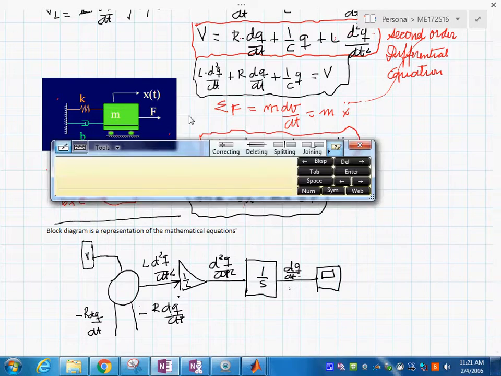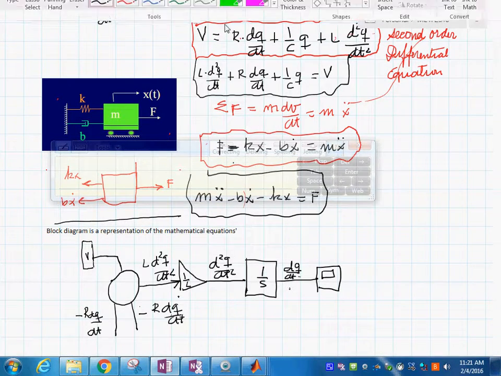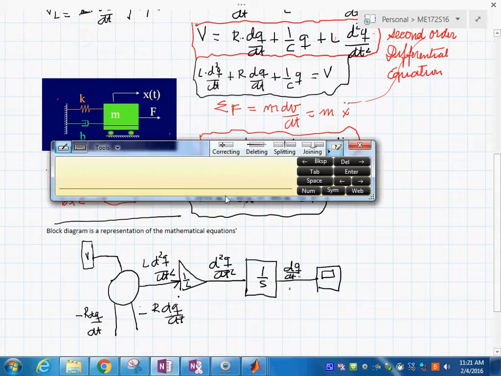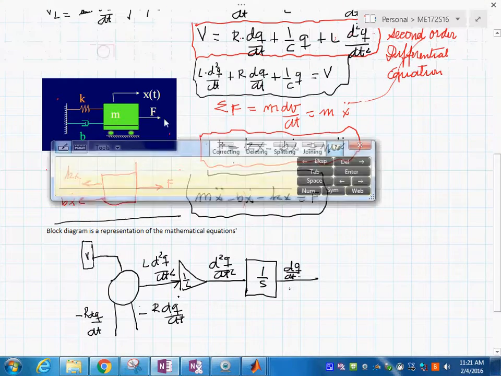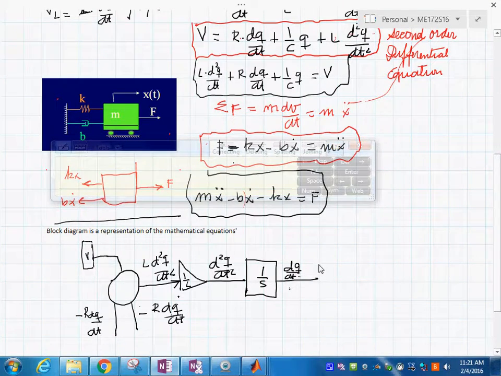I need to put it in between, so I am going to erase this guy, and instead I am going to write down another integration, which will bring us the solution to just q.